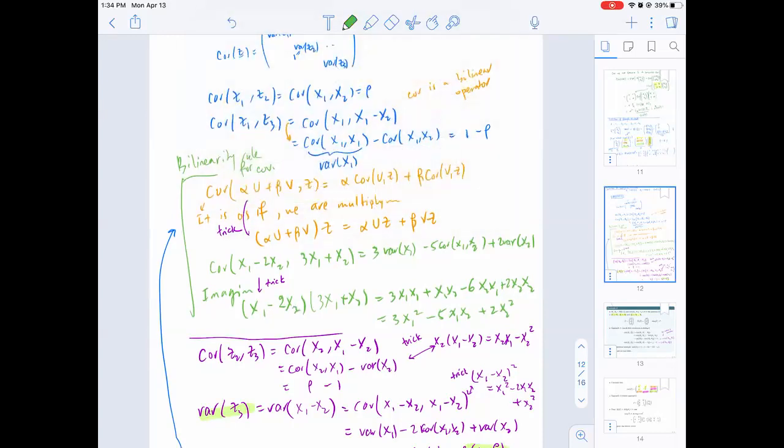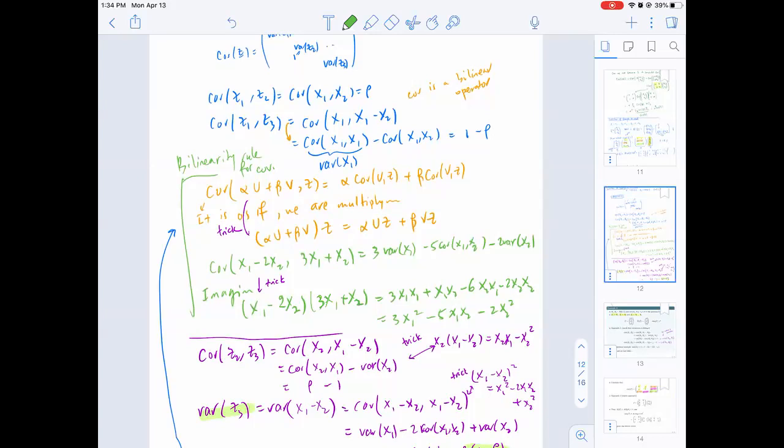So this is 2, 3x1. So what happens if I multiply here? I would get, let's check. Yes, so that would be a negative sign here, and also here. Negative. That's good. Okay. Yes. Thank you.